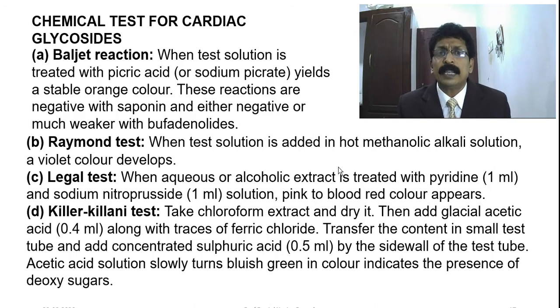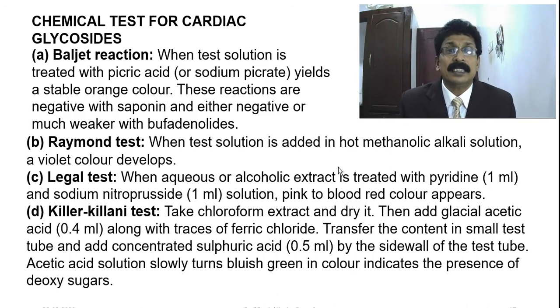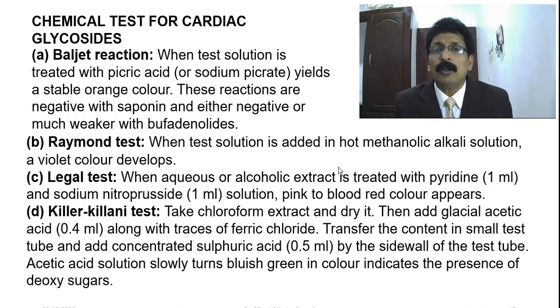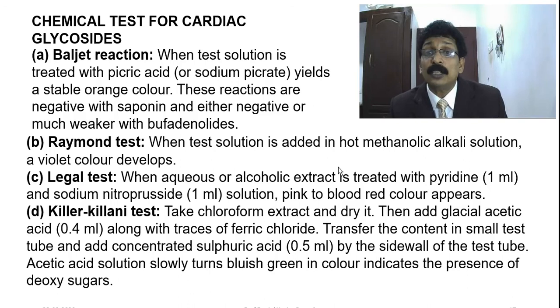It's very easy. Take chloroform extract from the drug and dry it. Then add 0.4 ml glacial acetic acid along with a trace of ferric chloride. Transfer the content to a small test tube and add 0.5 ml concentrated sulfuric acid along the side walls of the test tube.